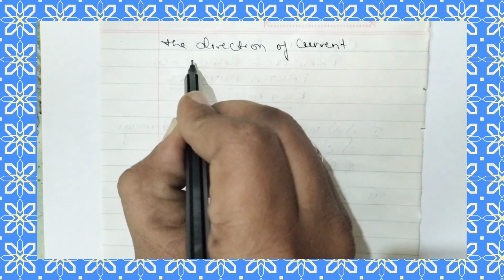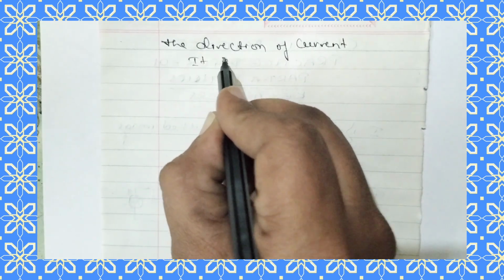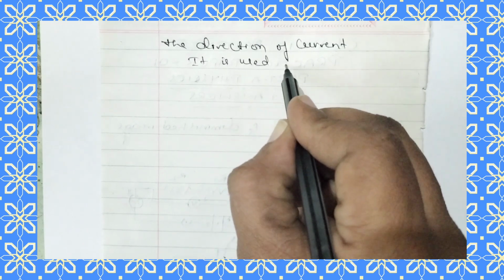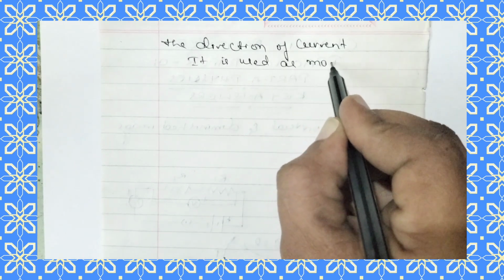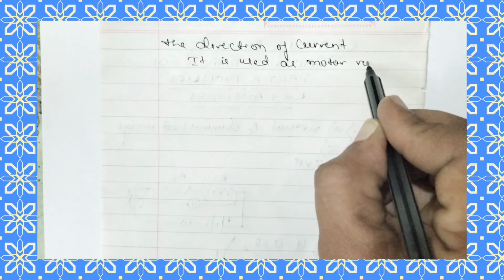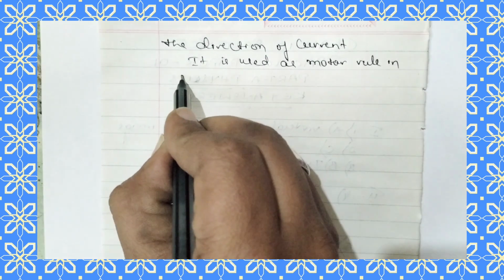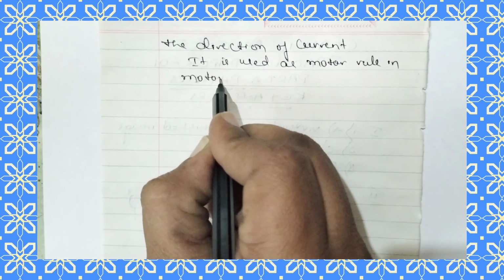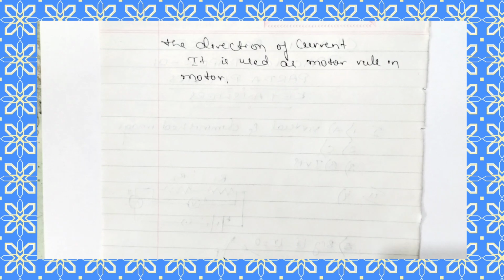And Fleming's left hand rule is used as a motor rule in motor. This is the principle of motor.